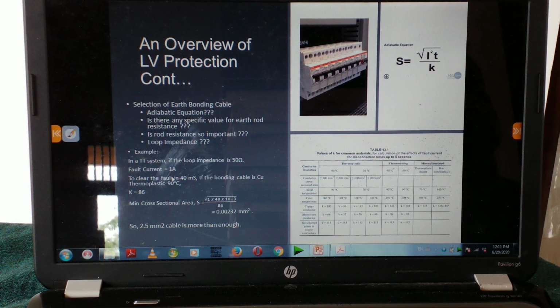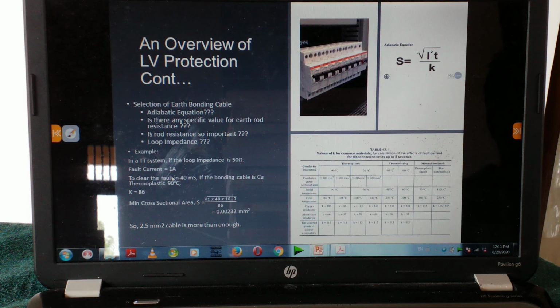Anyway, I can let the current up to 1 amp through the system. To clear the fault, okay, that is what I didn't discuss: there is a fault clearing time. In an RCCB it is about 40 milliseconds.